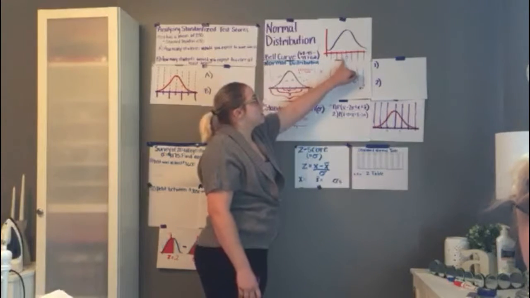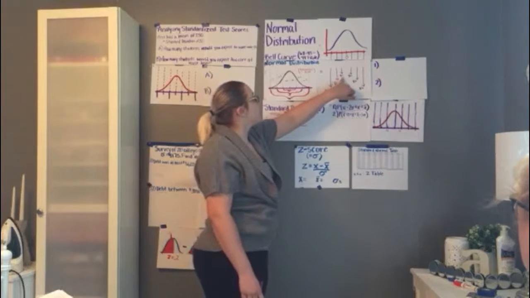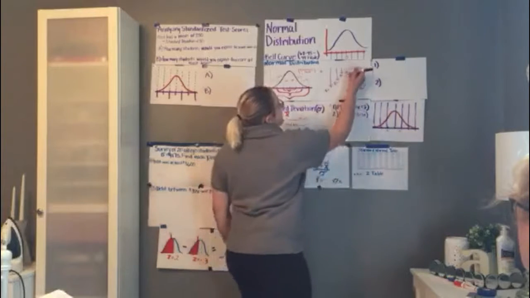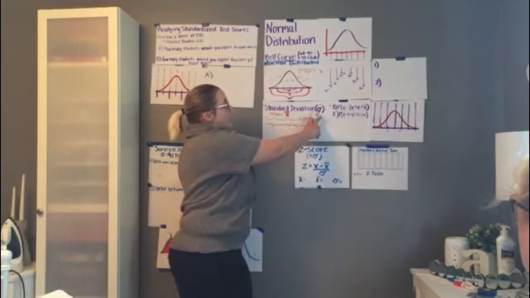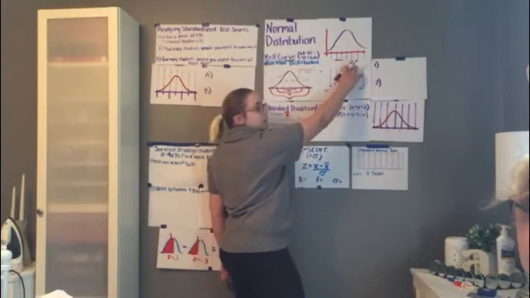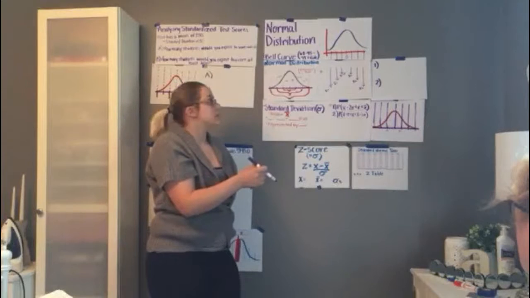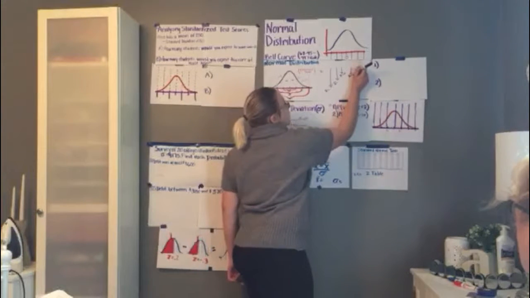One standard deviation to the left means that it's the average, which is x bar, minus the standard deviation, which is sigma. It's a Greek letter for the standard deviation. And when you go one standard deviation to the right, that means it's the average plus 1 standard deviation.